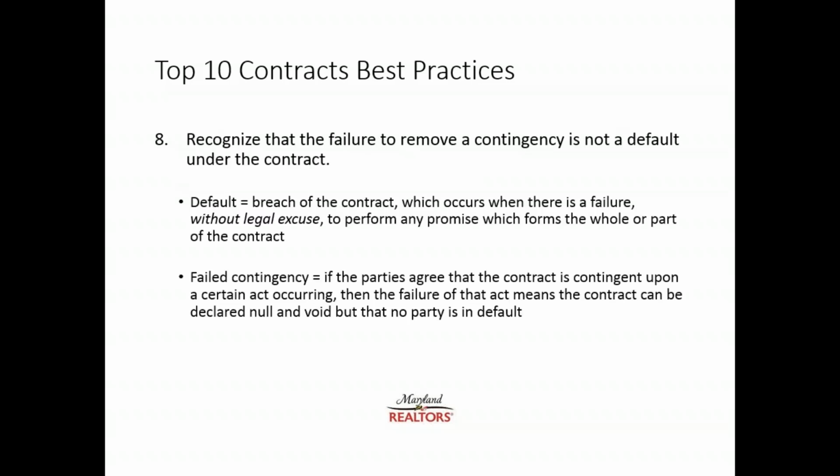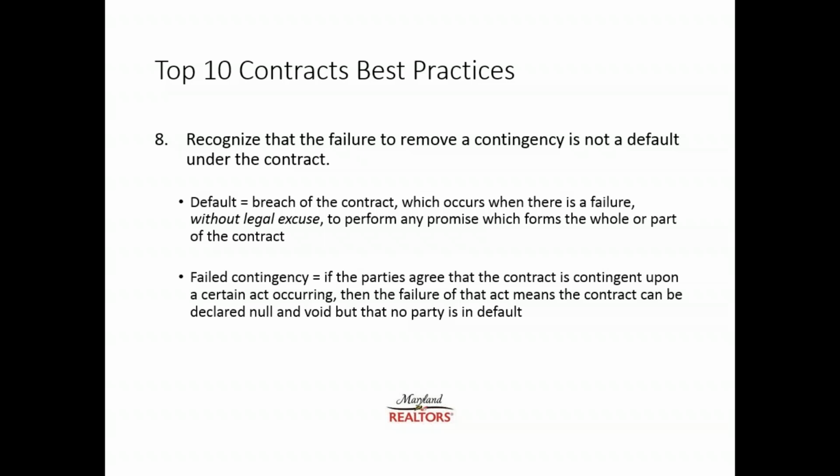Go on. Number 8, recognize that the failure to remove a contingency is not a default under the contract, right? And that's, of course, assuming both parties or whichever party has done everything that they're obligated to do under the contract. So, for example, if the contract is contingent upon financing and the buyer does their written application, they provide all the documentation to the lender, and the lender says, for whatever reason, there's an issue, the buyer's not going to be approved.